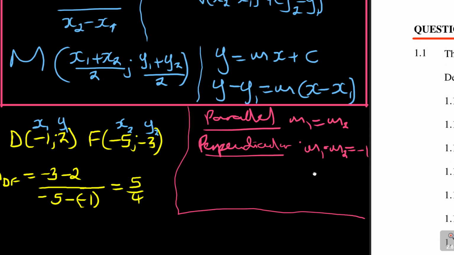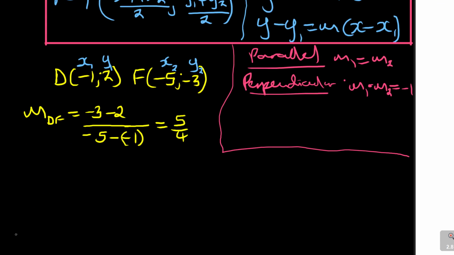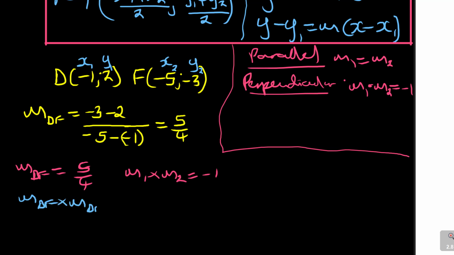So here, I know the gradient, M of DF is equal to 5/4, and the formula says M1 times M2 is equal to -1. So I can say M of DF times M of DE must give me -1.